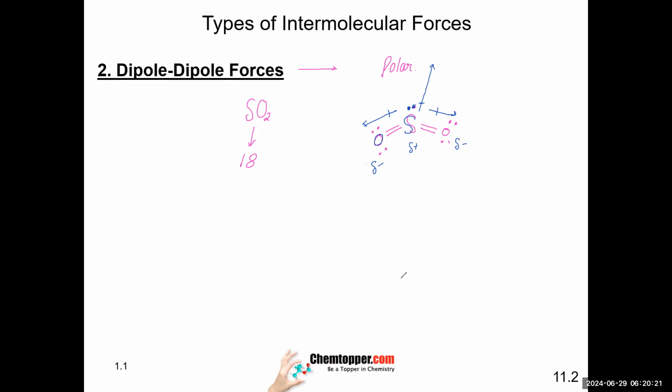So the net dipole moment is not equal to 0 because it's not symmetrical. So there is a net dipole moment. The net dipole moment I can draw in the direction of the lone pairs. This is delta minus, sorry, this is delta plus, the tip of the arrow is minus, the tail is plus.